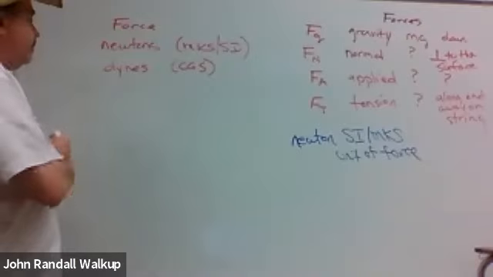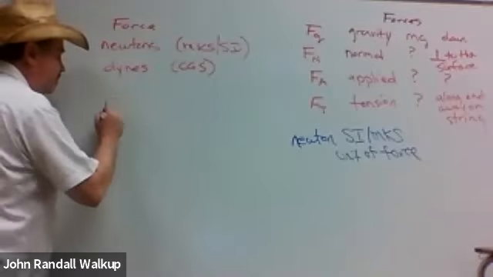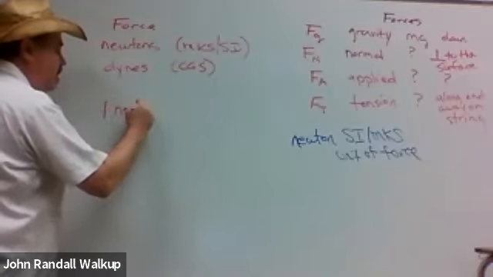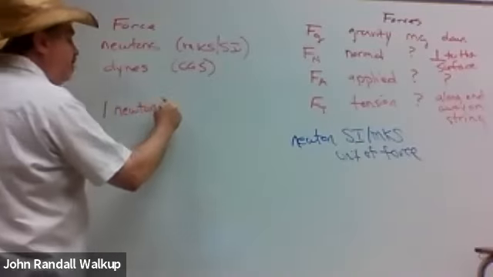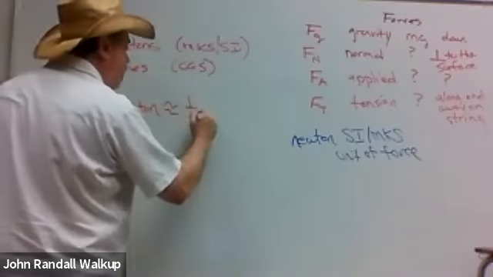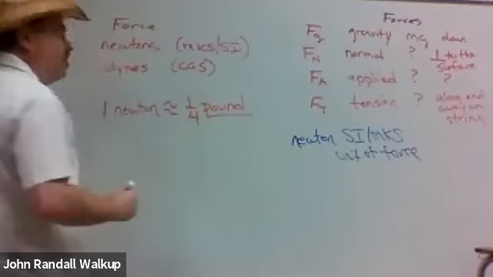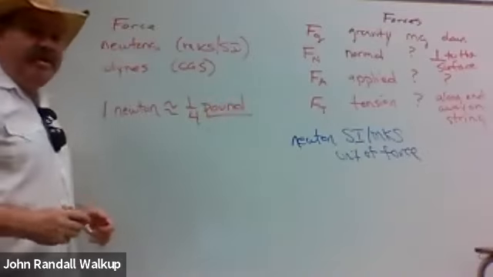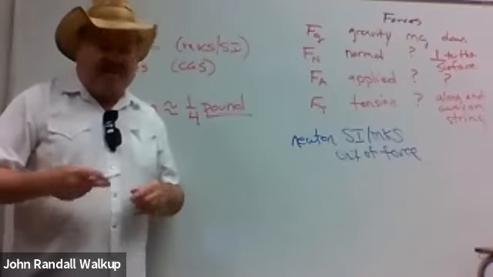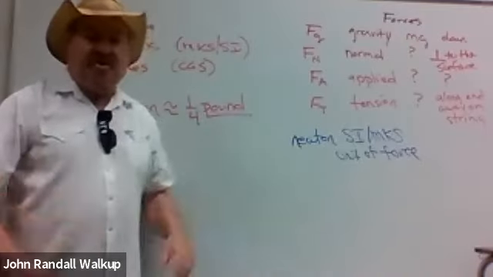Well, a newton is about equal to a quarter pound. In the English system, the unit of force is pounds, which we all know is better than newtons because, pounds, like the English system, cool. I like it.